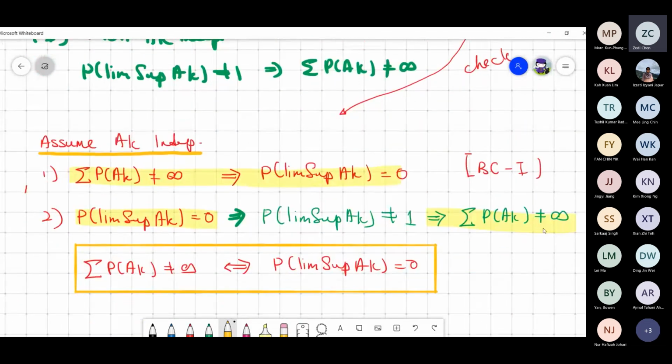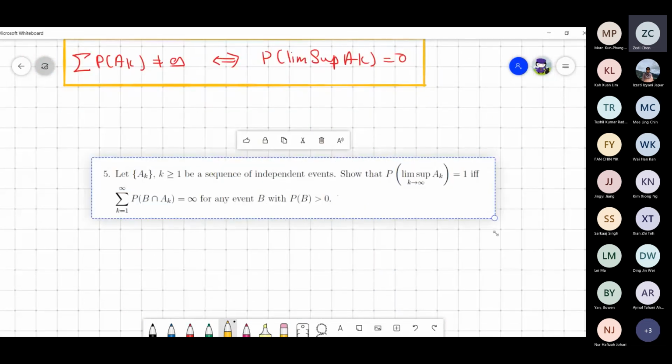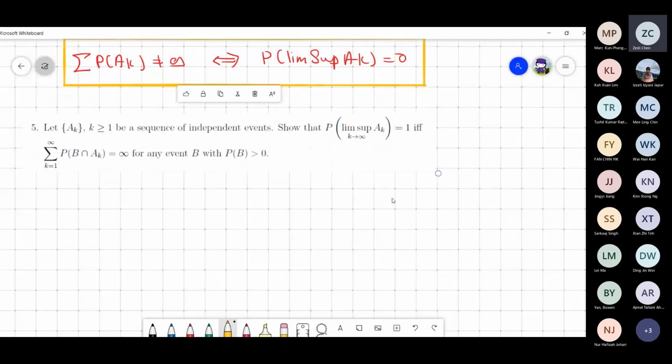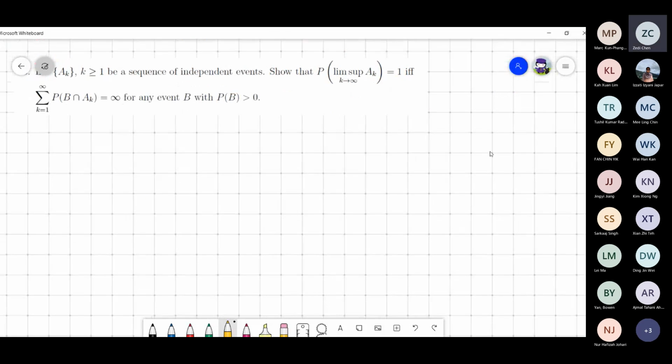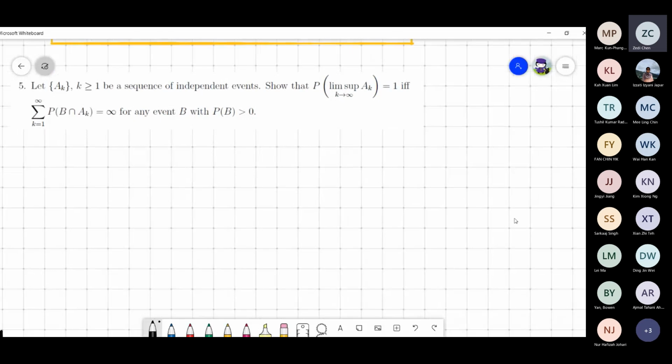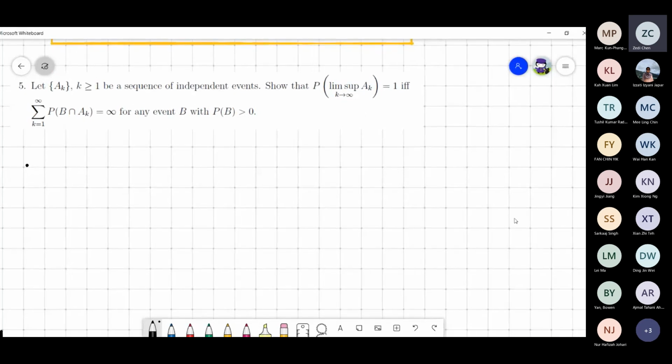Right. So let's go to our question 5. Okay, cannot see this. Okay, part A, maybe it's part A. Part A is like, okay, we always assume AK are independent.